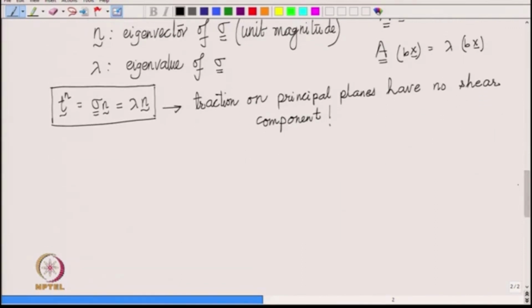And so, what is the magnitude of the traction? It is simply lambda, right, because n is of unit magnitude. So, the magnitude of traction is simply lambda. Well, you have to put a bar here, because lambda could be plus or minus.